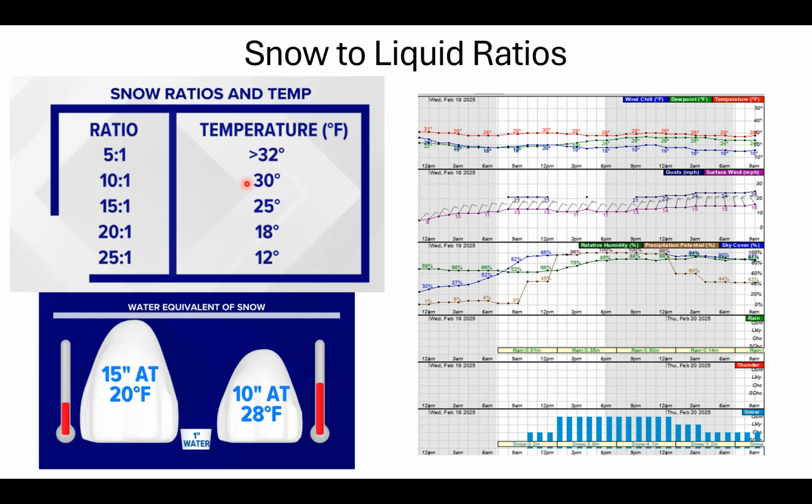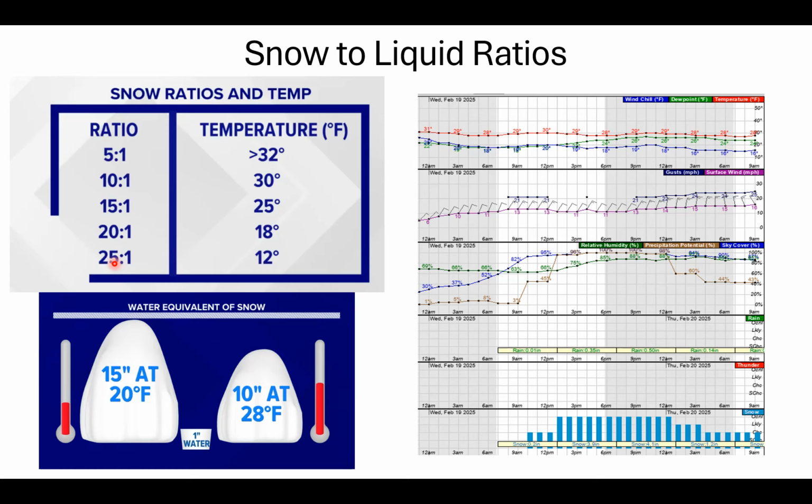At 30 degrees Fahrenheit, that ratio jumps up to 10 to 1. At 25 degrees, we drop another 5 degrees, and the ratio goes to 15 to 1: 15 inches of snow is equivalent to 1 inch of liquid water.